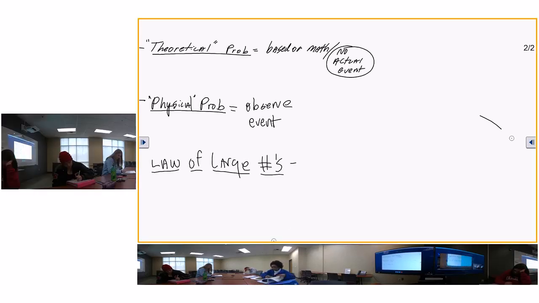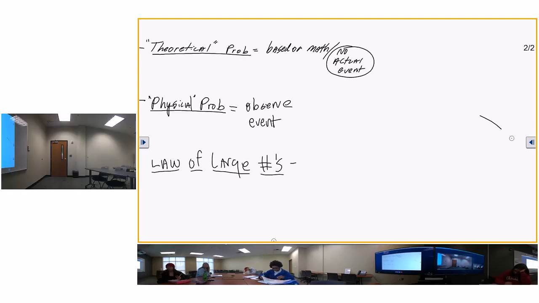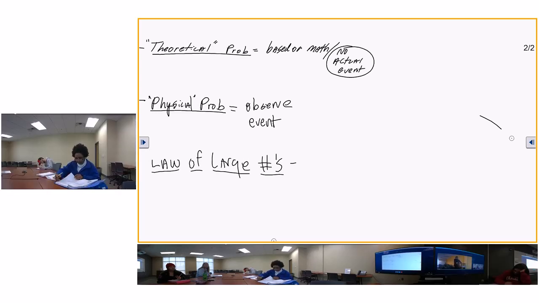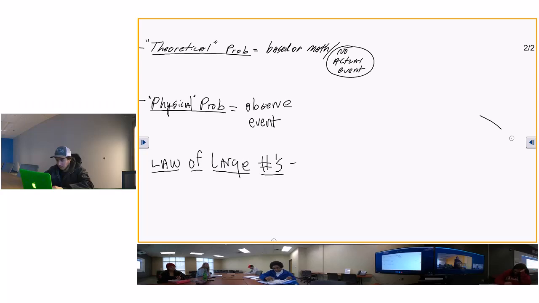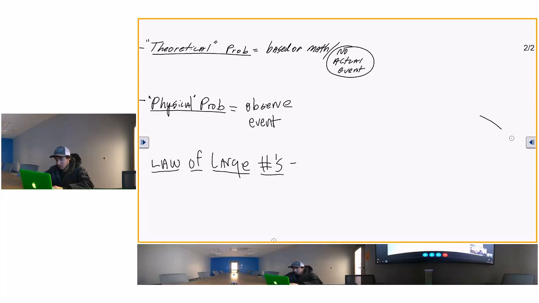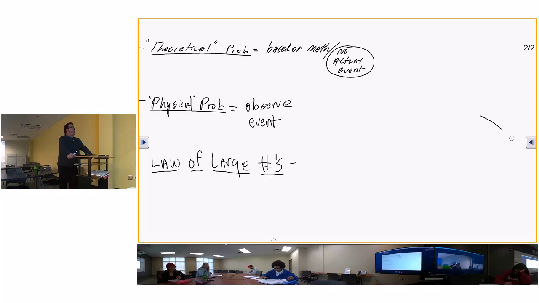Anybody got a book that they can find it right quick? It'll probably be in that first section. I believe it should be coming. In 7A, somewhere in there, it should say the law of large numbers. It'll be a bit more than a paragraph. It should be in purple or blue or whatever.